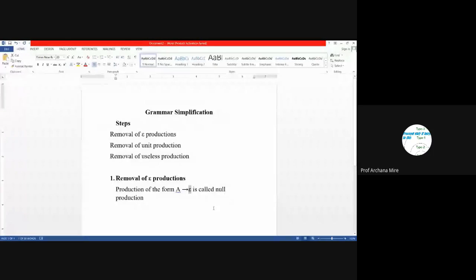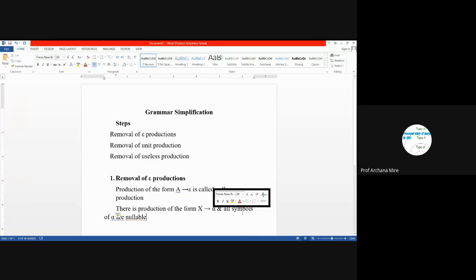Either there will be a direct production A leading to epsilon, which is called a null production, or there can be another case: a production of the form X leading to alpha where all symbols of alpha are nullable.